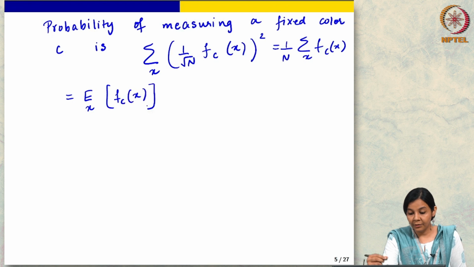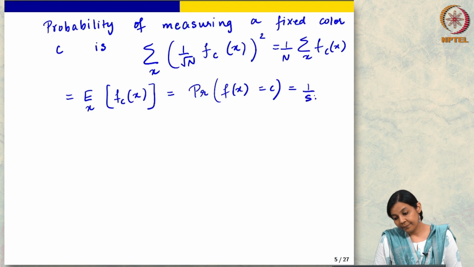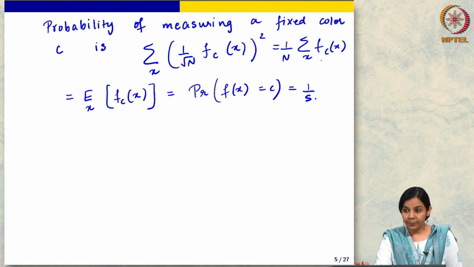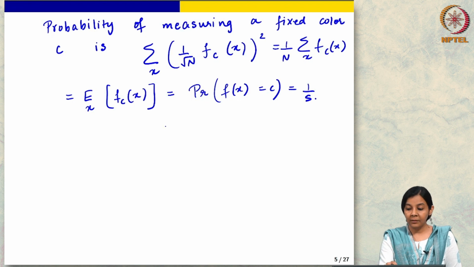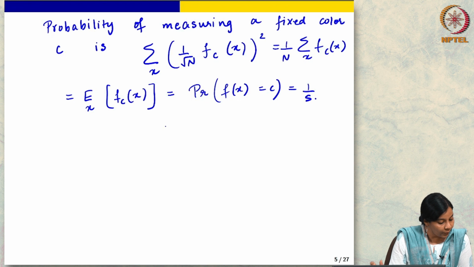This is just by definition of expectation, and this in turn is the probability that f of x is equal to C, which is equal to 1 over S. Okay, so it is just a sort of simple implication. So, we just rewrite the term that we have in terms of expectation. It follows by the definition, and then because fC of x is a 0-1 function, this in turn becomes just the probability, which is 1 over S. All right.